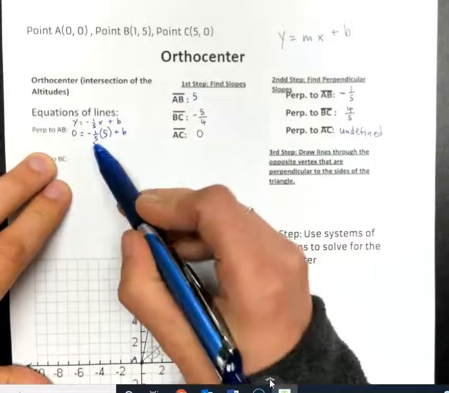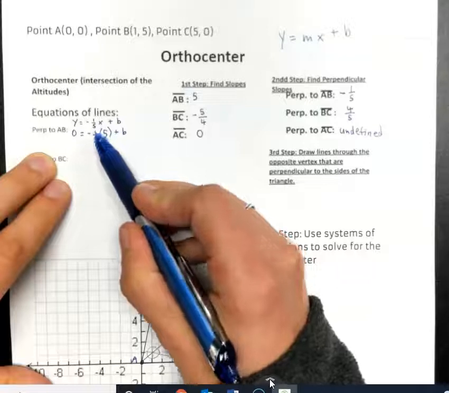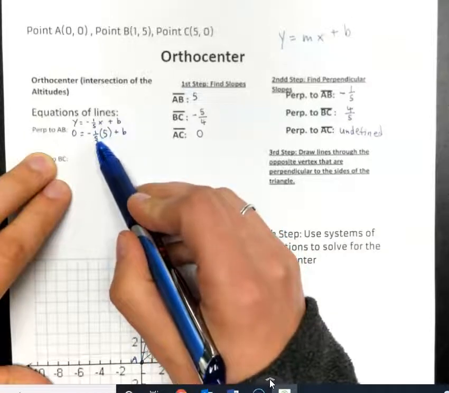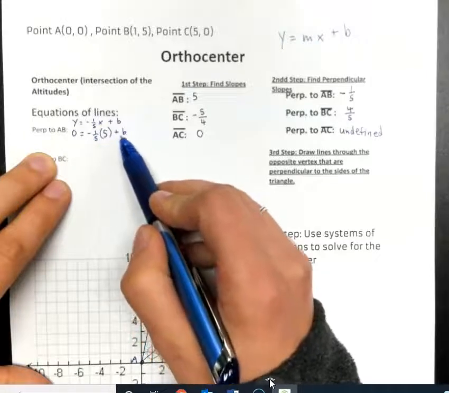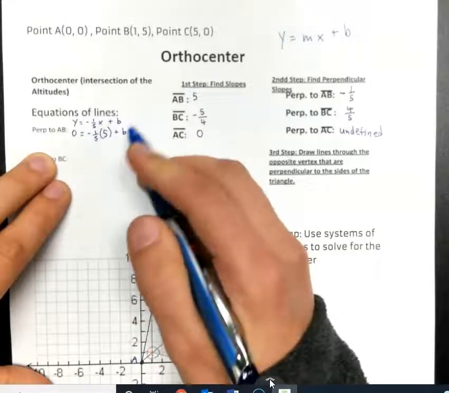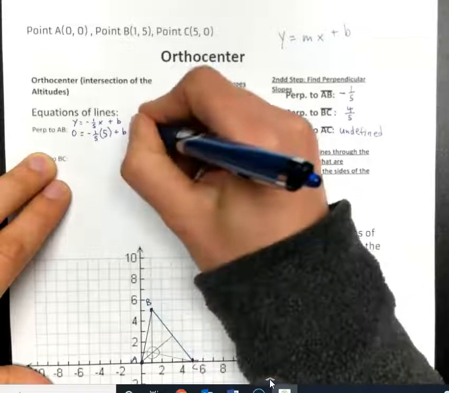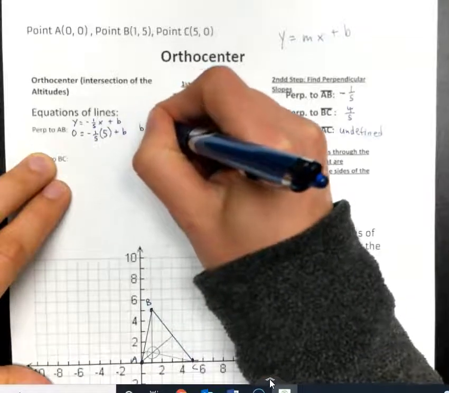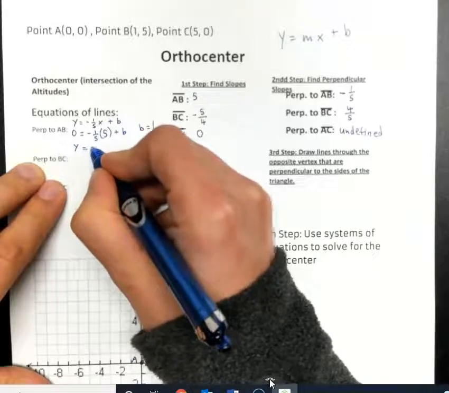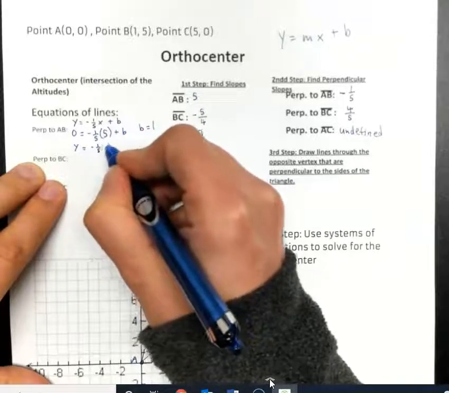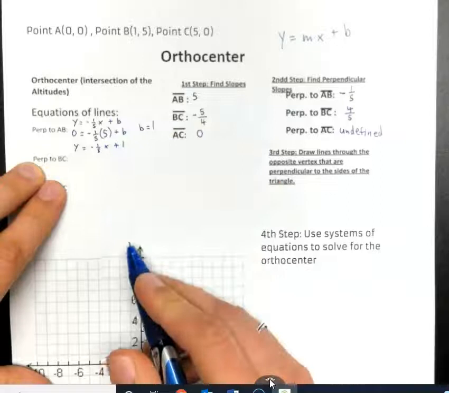And then when we do our math, we get 5 times 1, that's 5, divided by 5 is 1, that's negative, so -1 plus something equals 0. -1 plus 1 equals 0, so b equals 1. So our equation for that line is y equals -1/5 x plus 1. Okay?